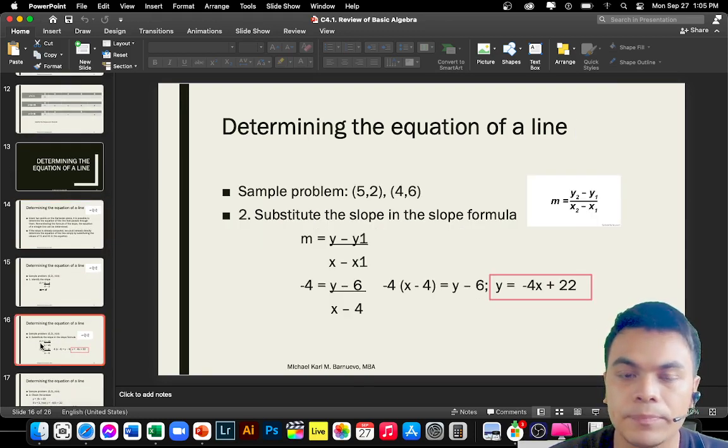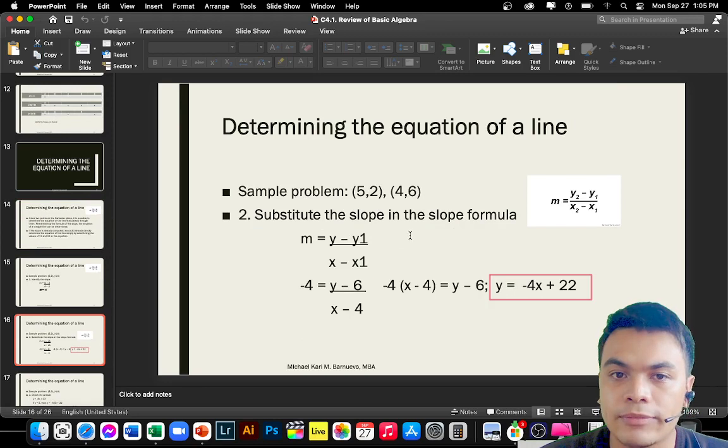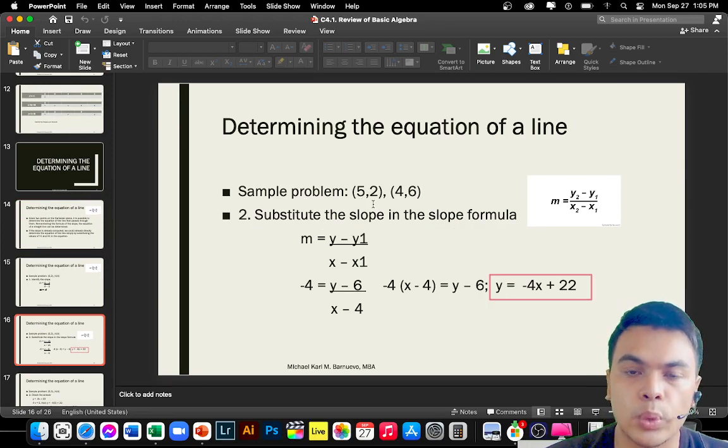Okay, an example here, assuming that we have two coordinates, 5, 2, and 4, 6. Again, our slope formula is m is equal to delta y over delta x. So, we substitute. We have determined that the slope is negative 4 by using this formula. Then we substitute y1 and x1 with either of the coordinates.